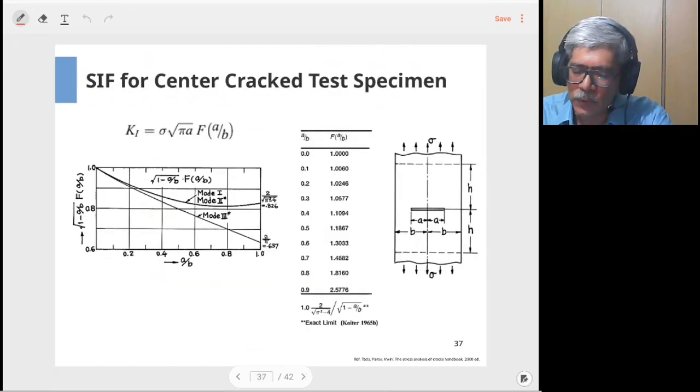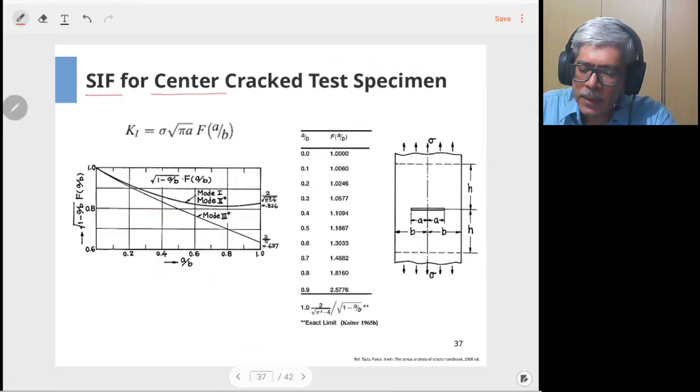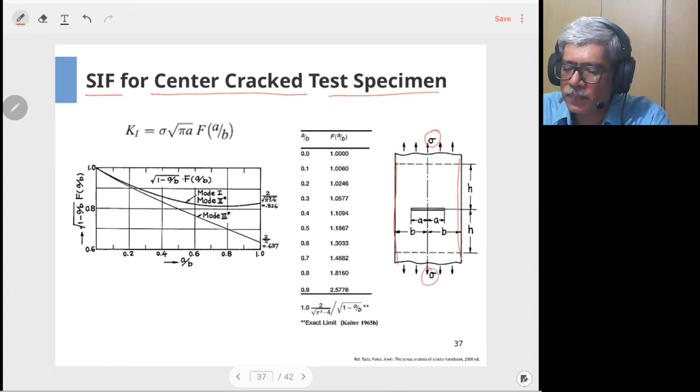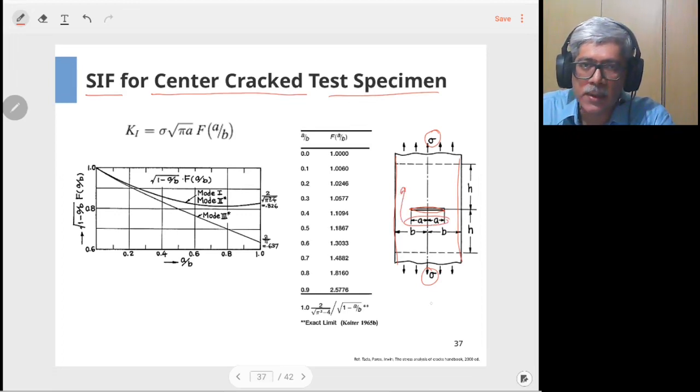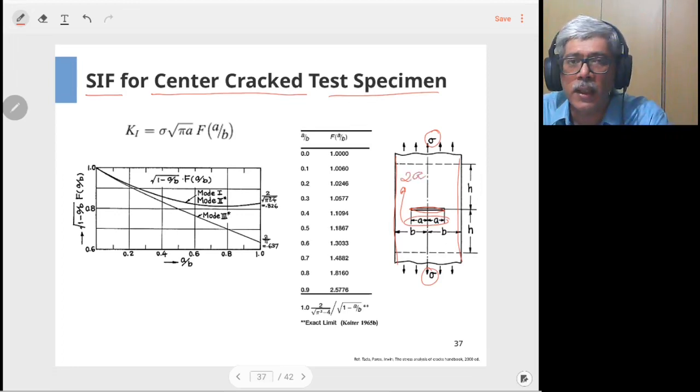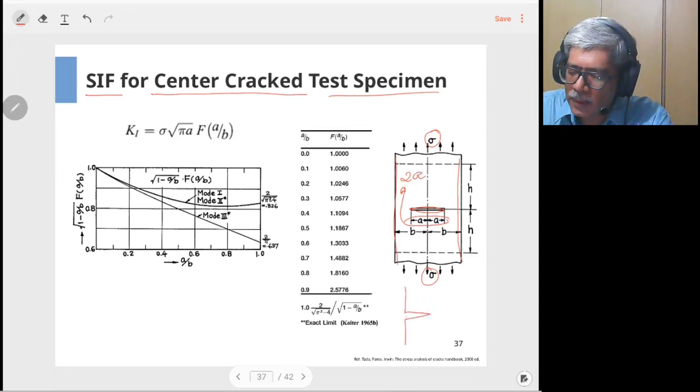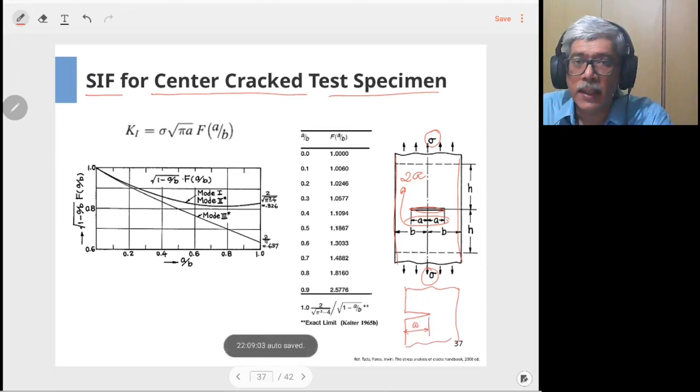The next slide will show you the stress intensity factor for a center crack test specimen. So you have a plate which is subjected to axial stress sigma, and it is having a central crack of length 2a. Usually the crack length, if it is a full crack, that is having two crack tips, is given as a full width of 2a, and the cracks which are side cracks or edge cracks, their length is termed as a.